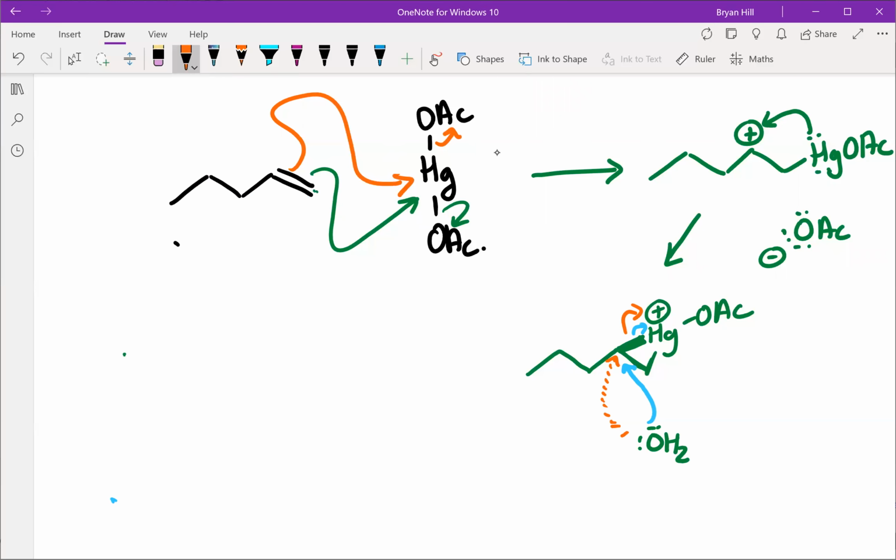So with this one, we would have OH. But the trouble is with the mercury on the end, it's going to look like this.